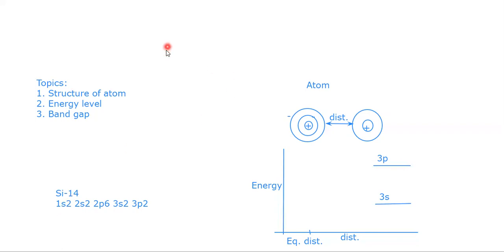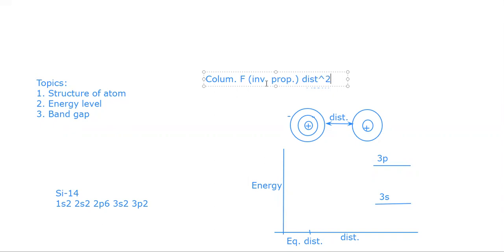As we know that nucleus is positively charged and electrons are revolving around the nucleus, the Coulombic force of attraction, so I'll just write it down. The Coulombic force is inversely proportional to square of distance.